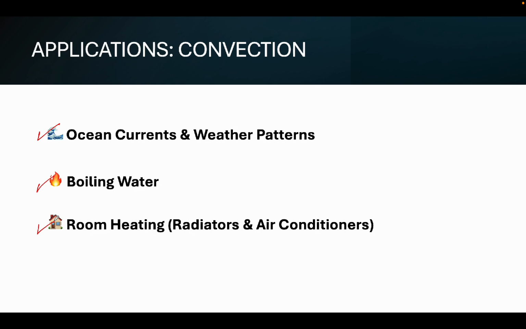The radiators heat air, causing warm air to rise and cooler air to sink, again creating a convection cycle. The air conditioners push cool air down, forcing the warm air up, so that it becomes cool. So why convection? The fluids or the air move due to temperature and density differences.